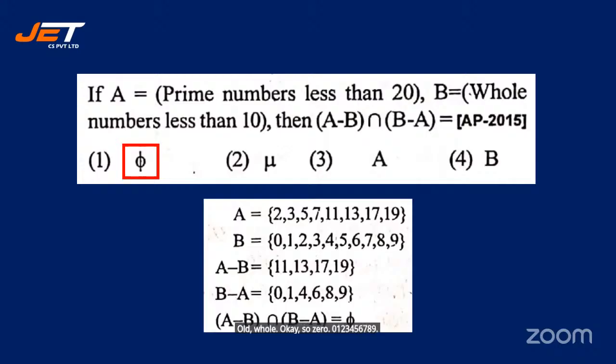Now, what should be there in A should not be there in B: so A minus B is 11, 13, 17, 19. B minus A is 0, 1, 4, 6, 8, 9. So the intersection of these two is the null set.